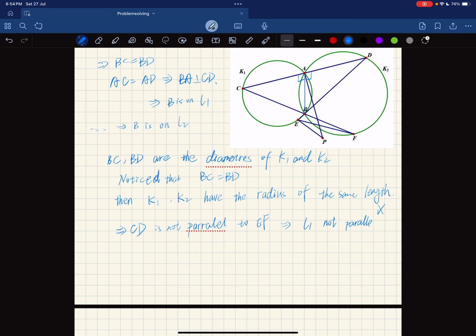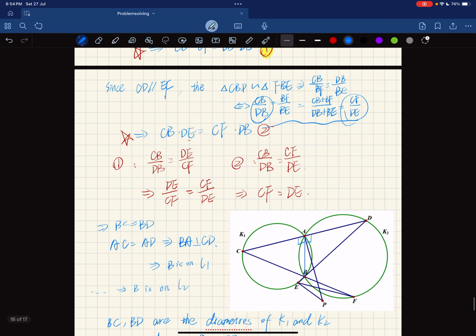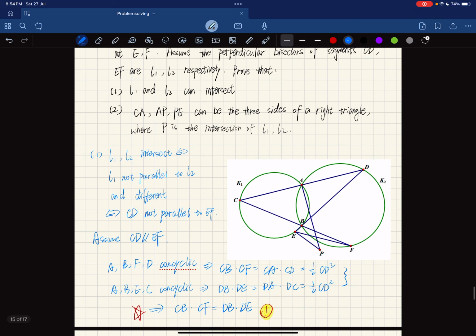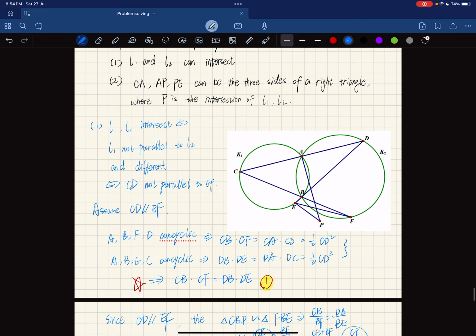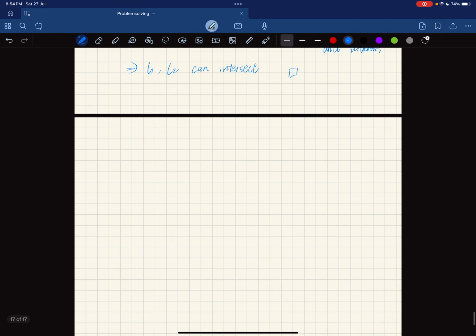To L2 and also different. And that makes that L1, L2 can intersect. So that's the end of the question 1. It is not that difficult at all, right?